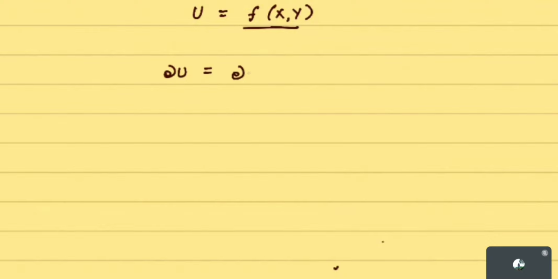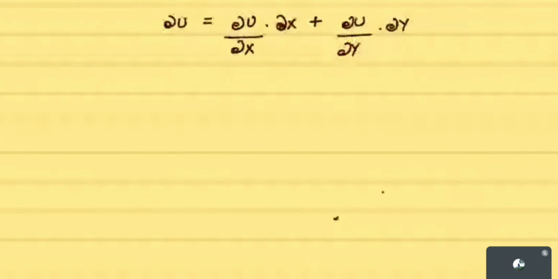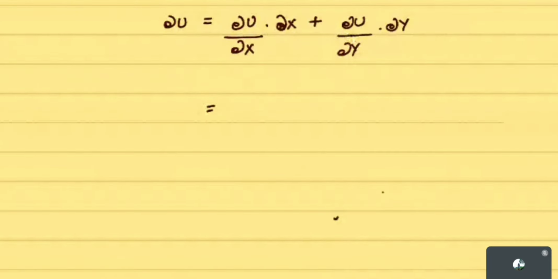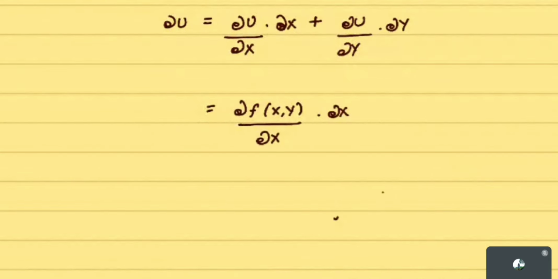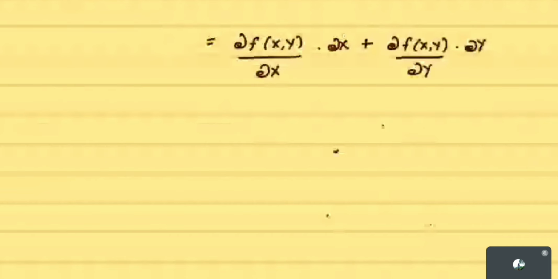We can also write it as du = (∂u/∂x) dx + (∂u/∂y) dy, or in function form, u = f(x, y).